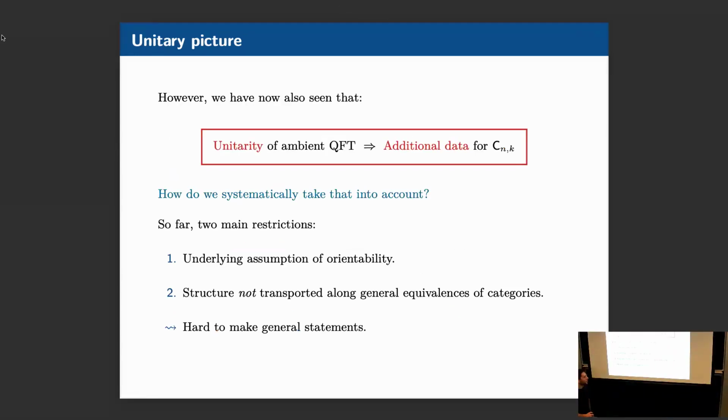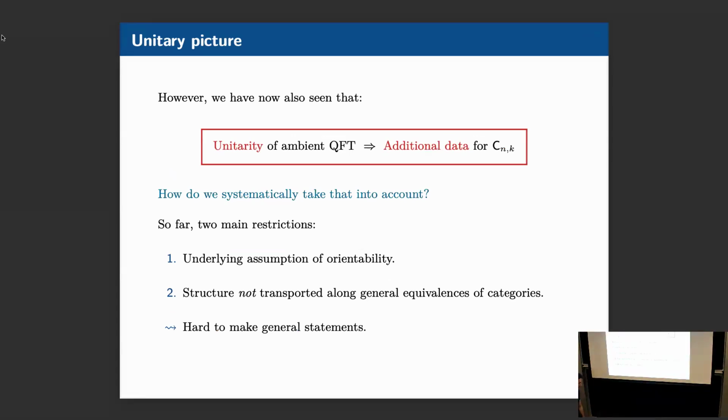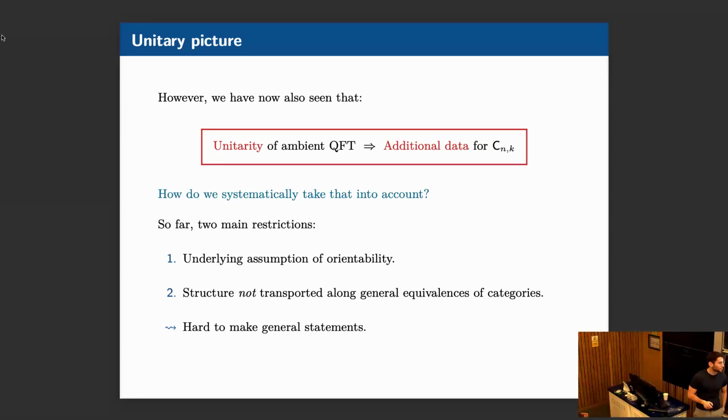Okay, let's now try to add unitarity into the game. And we just saw that in order to have unitarity, we expect a bunch of new data that our categories are equipped with. In particular, let me mention that the picture I presented so far in low dimensions has two particular problems. First, we had so far just an underlying assumption of orientability, while, as was mentioned before, we might ask for more generic tangential structures.